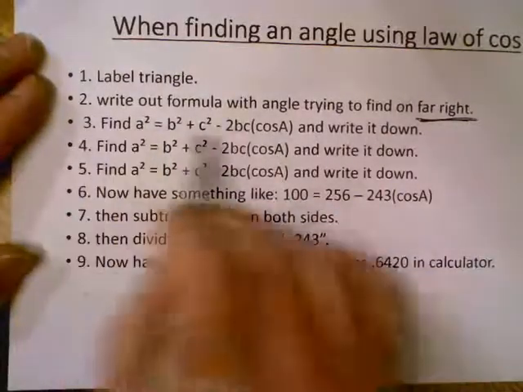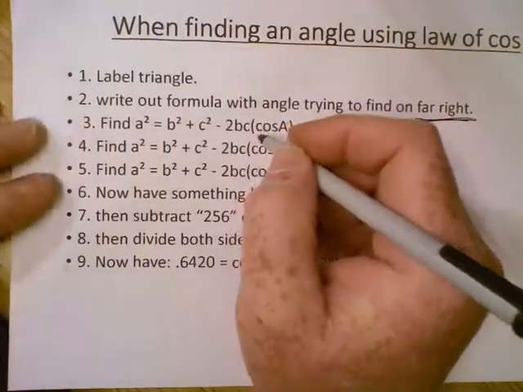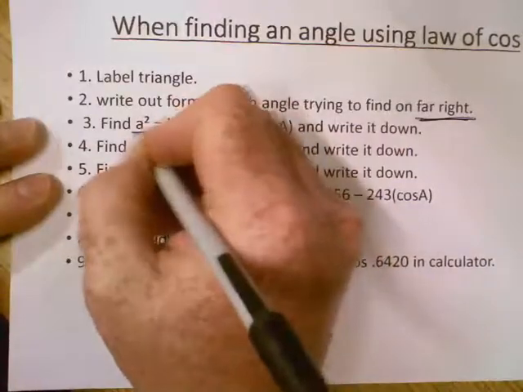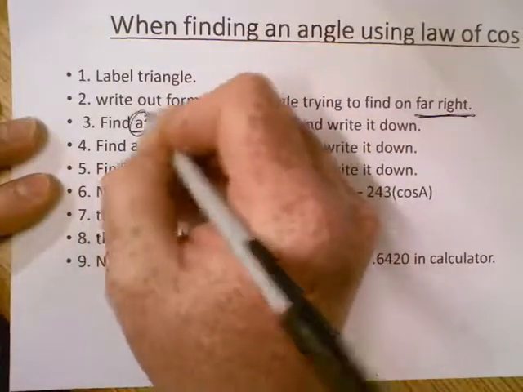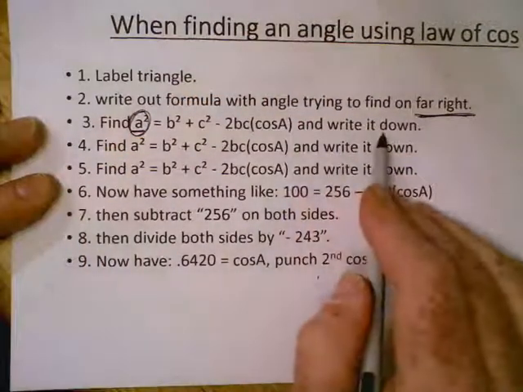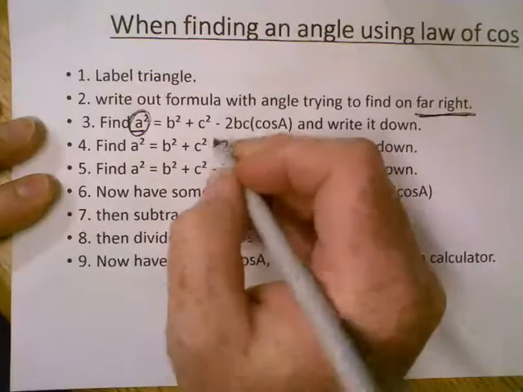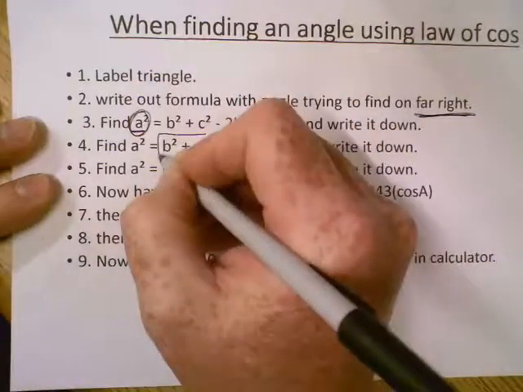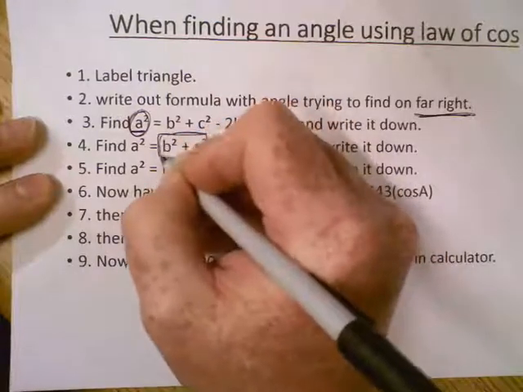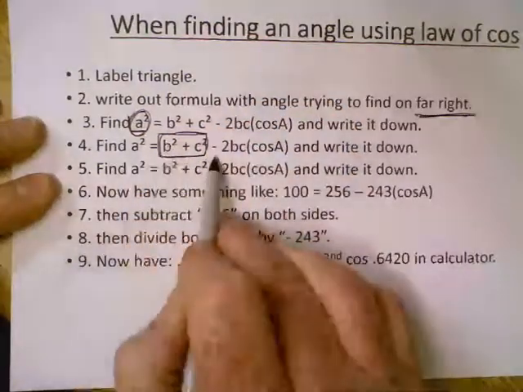On this number 3, it should say you're going to find a squared. So you're going to find this part, write it down. Then you're going to find b squared plus c squared. So you're just going to punch this into your calculator, write that answer down.